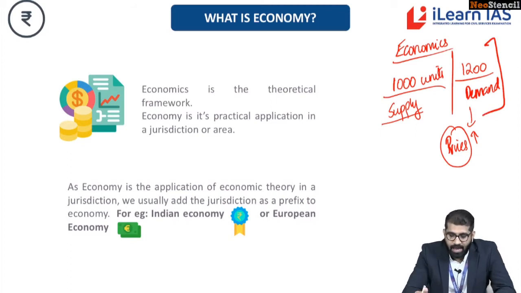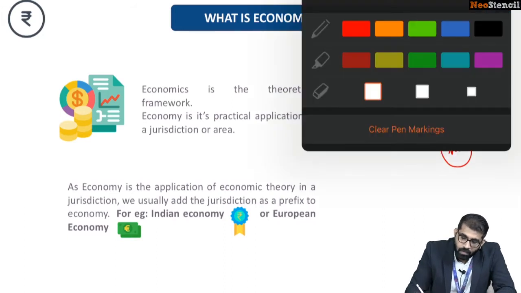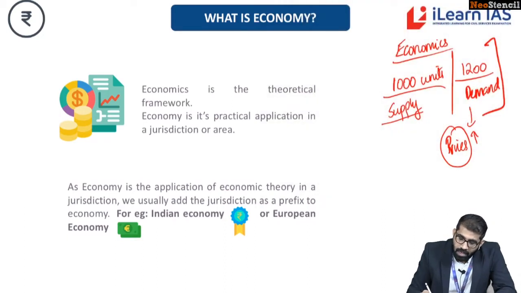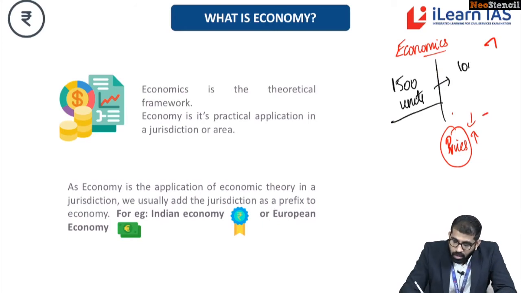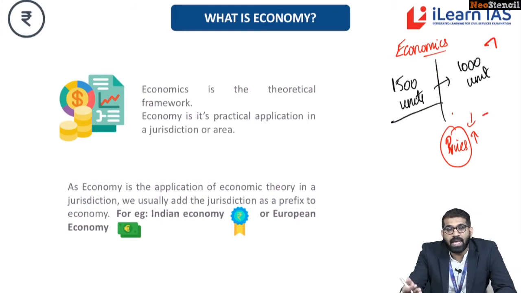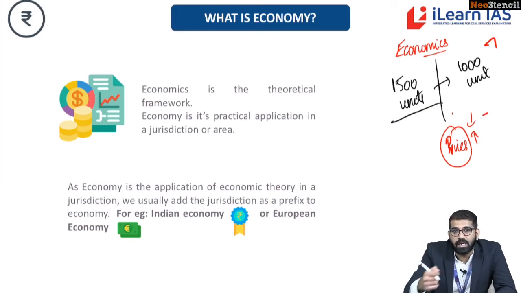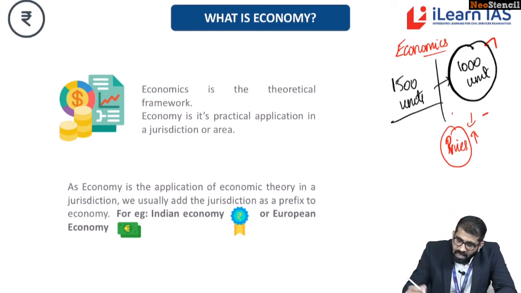Now on the other hand, suppose they are supplying 1500 units of a product and the demand is only 1000 units, what will happen? The prices of the product will start coming down. Why do the prices of products start coming down?